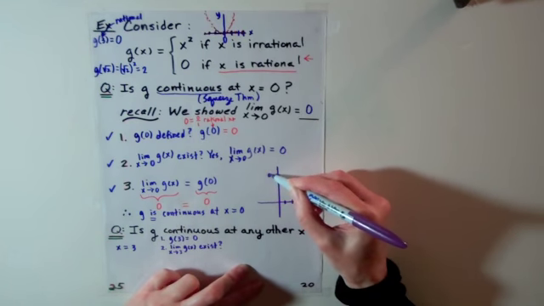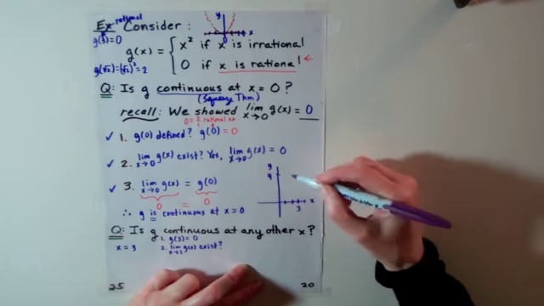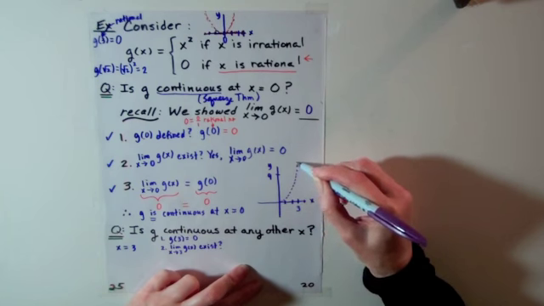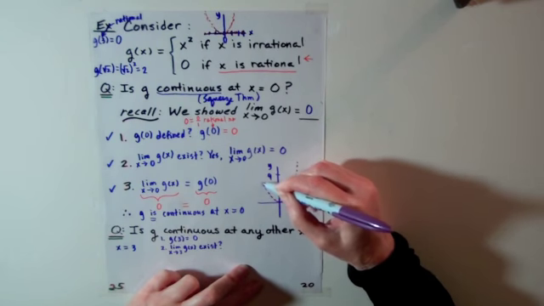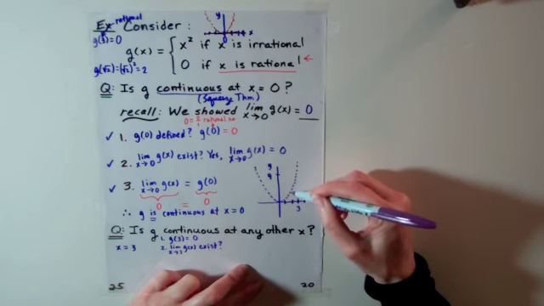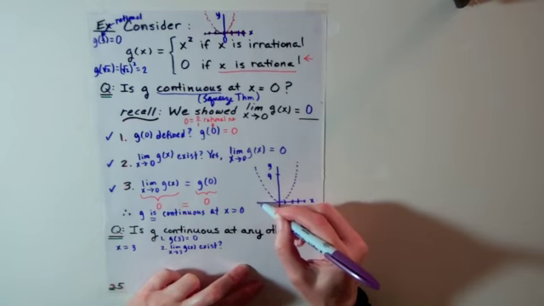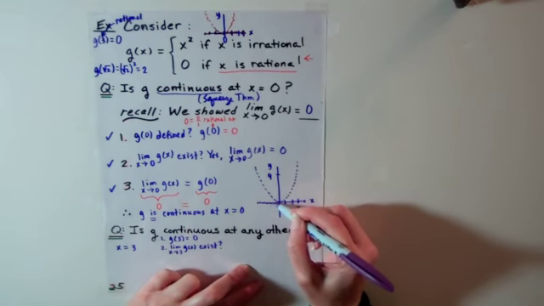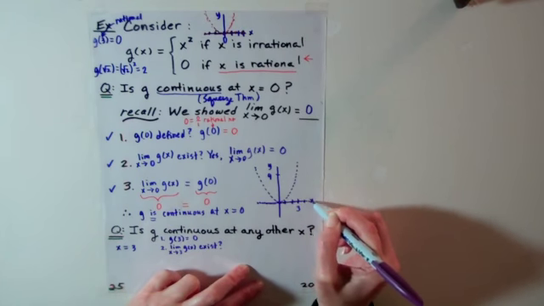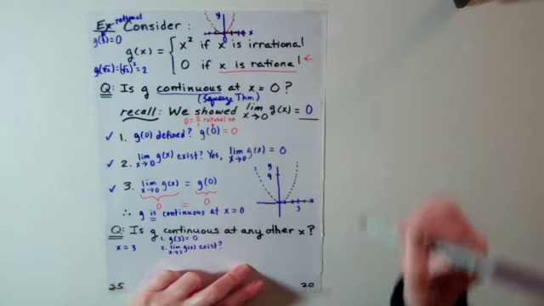I'm going to make this 9 on the y-axis and just crunch the y-scale a little bit. And our graph looks something like this. It has the dotted parabola, and these points all correspond to points whose x-coordinates are irrational, and then it has a whole bunch of dots right along the x-axis, and each of these points are points whose x-coordinates are rational.